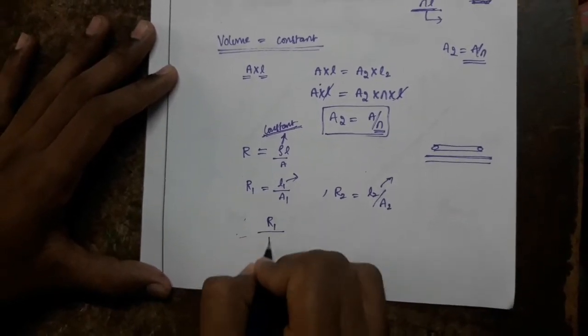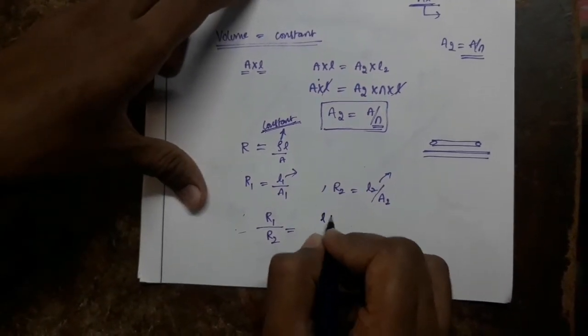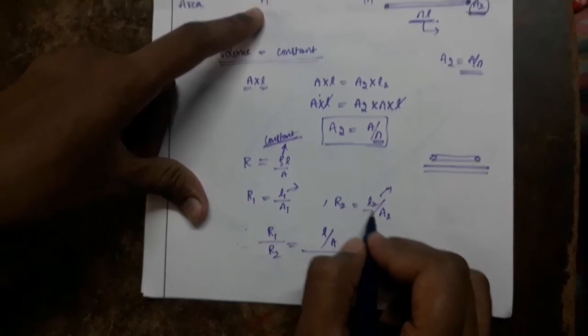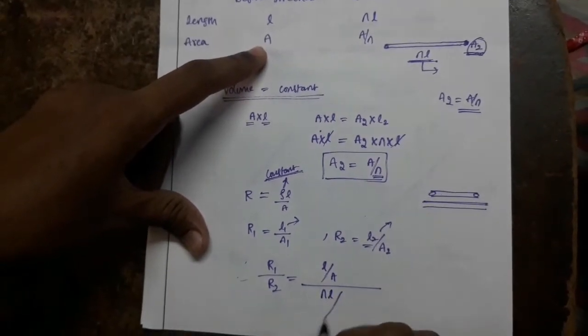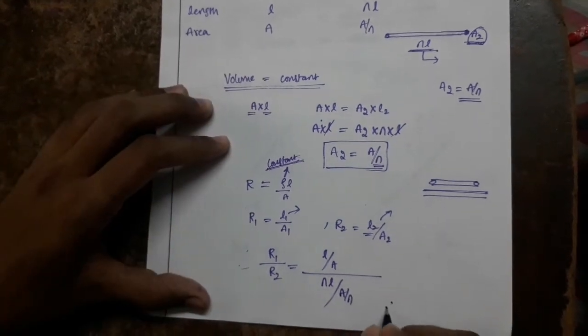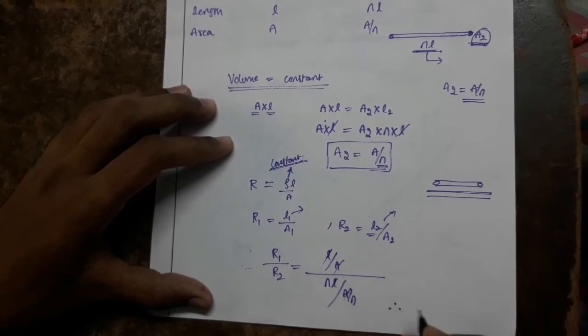So R1 by R2 equals, before stretched length is L and area is A. After stretched length is n times L and area is A by n. Therefore L gets cancelled, A gets cancelled.